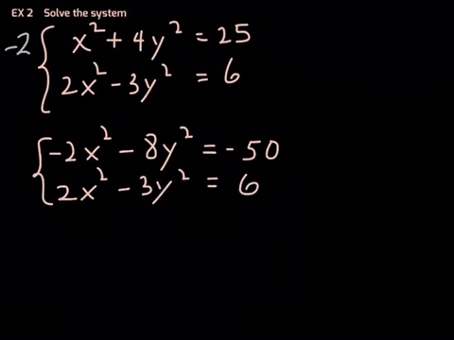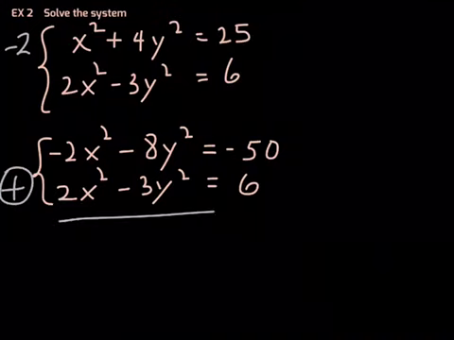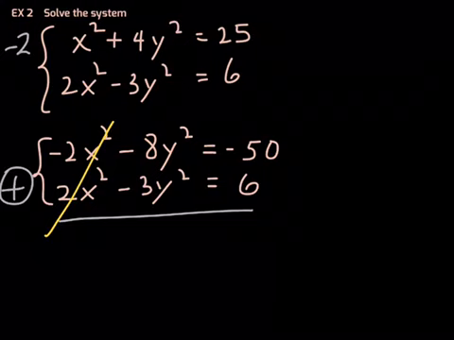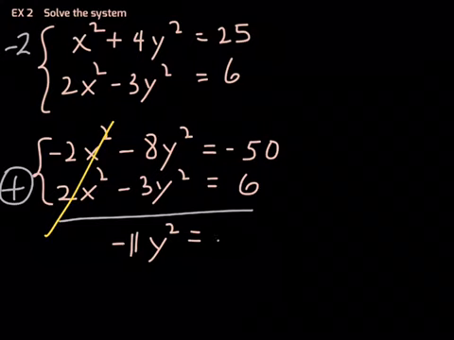And now I can see when I add my equations that the x terms are gone, and I'm left with negative 11y squared is equal to negative 44.